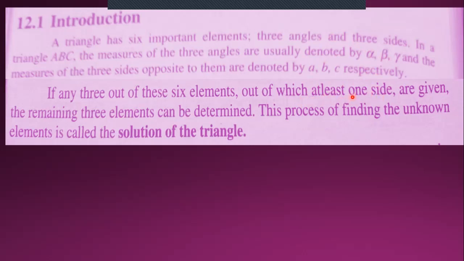Certainly you have learned about that, because congruent triangles and similar triangles was an important case in the metric class. So you need to keep in your mind that at least one side should be given.